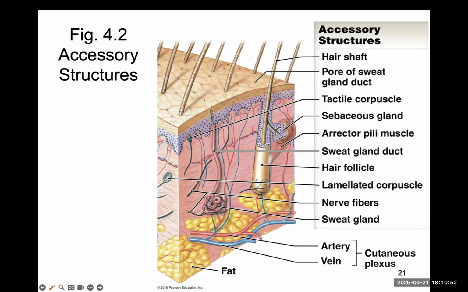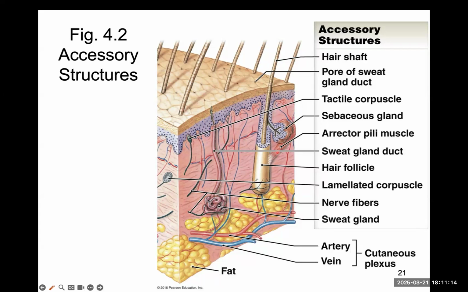And we mentioned this before. You have this erector pili muscle. That's the erector pili muscle that makes the hair stand up. So I believe it's Greek for spear. So the word pili means spear, and erector means like erection, making it stand up straight.